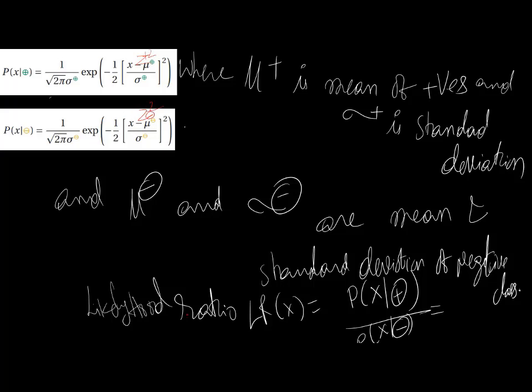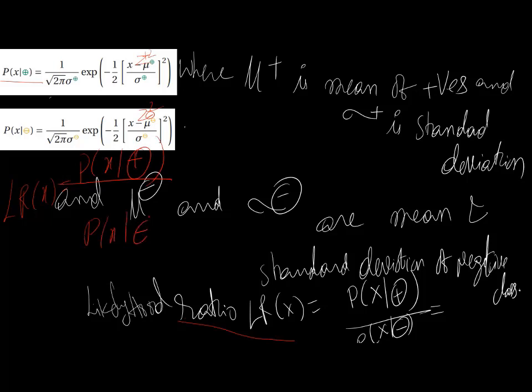Anyhow, what do you mean by likelihood ratio? Likelihood ratio LR of x is equal to the probability of x given positive over the probability of x given negative.